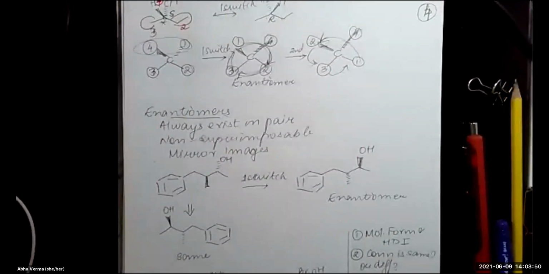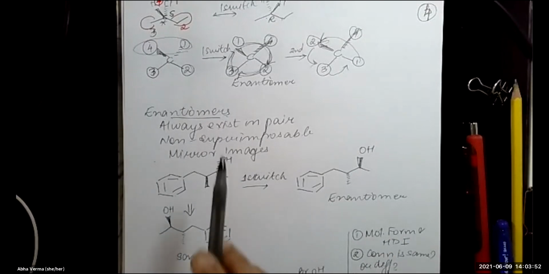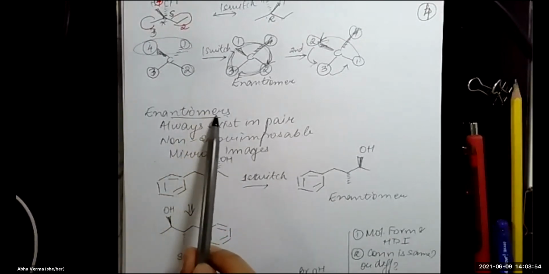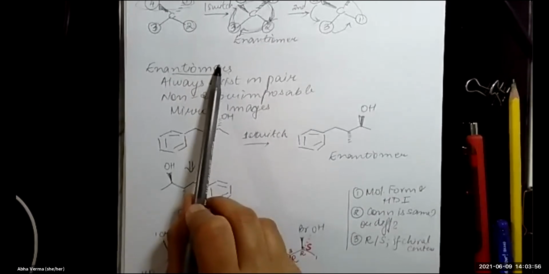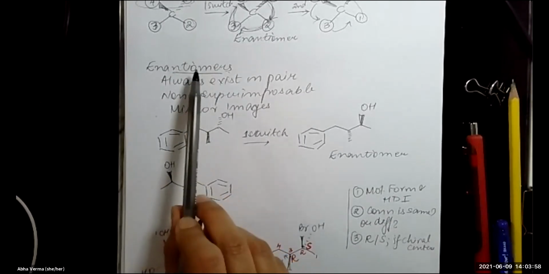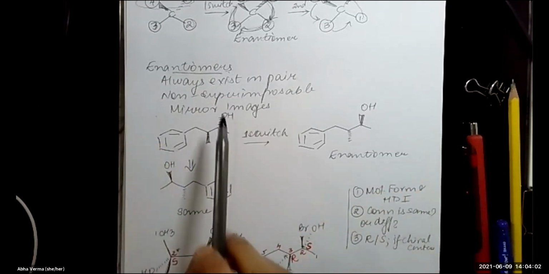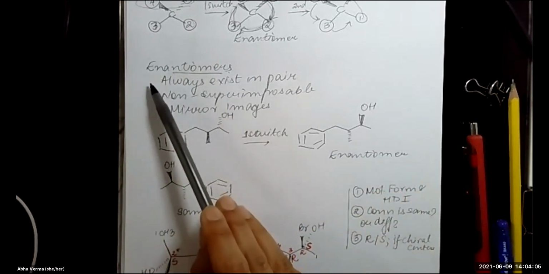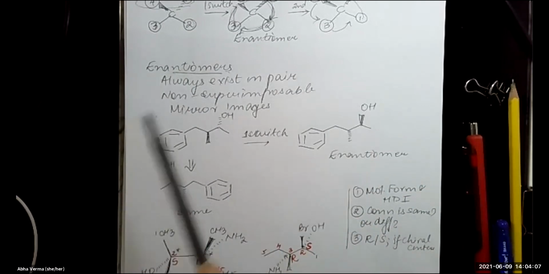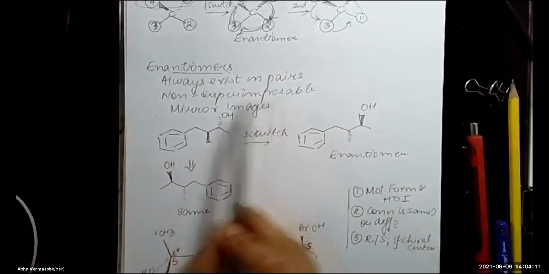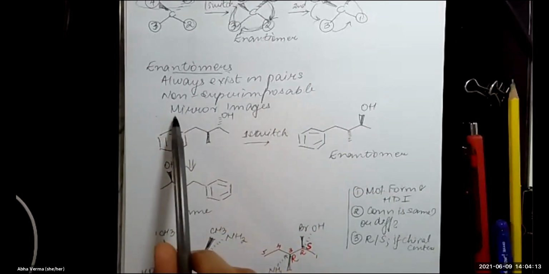Once you know how to assign R and S configurations, the first relationships that we are studying are the enantiomers. For example, R and S, they are opposites of each other. And similarly, enantiomers always exist in opposites, always exist in a pair. Pairs of non-superimposable mirror images.